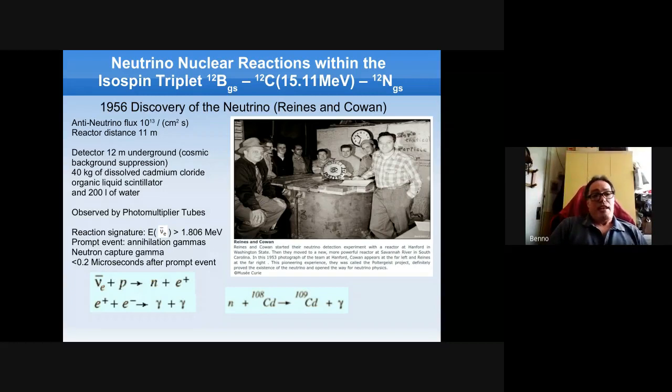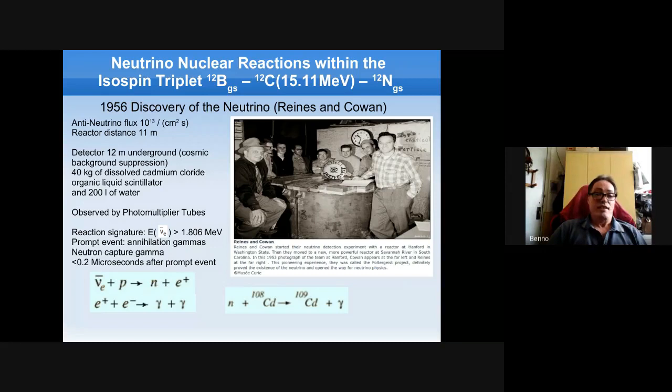They had a detector at a distance of 11 meters from the reactor, a 200-liter water tank filled with liquid scintillator for seeing the reaction light, using photomultiplier tubes to see the reaction, and 40 kilograms of cadmium chloride dissolved to see this reaction.